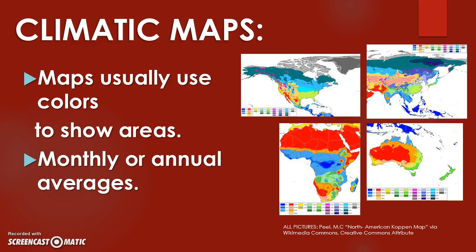They use colors to show different areas of a country or part of the world that has different climates and or any kind of annual average, such as precipitation or cloud cover, anything of that aspect. An example of this is the average amount of rainfall, snowfall, or anything like that, any monthly or annual averages.